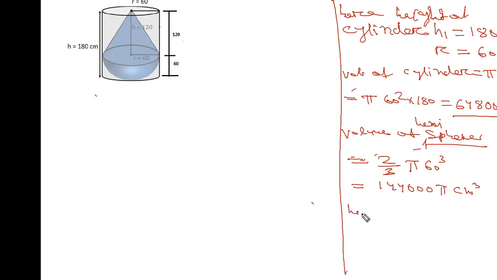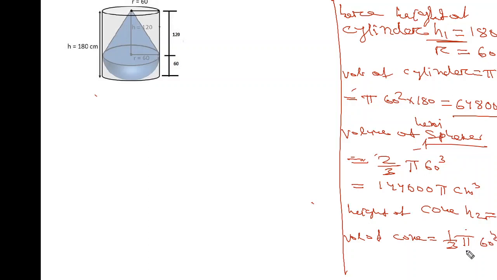Again we will move to the cone now. Here height of cone, you can write h2. h1 is the height of cylinder, h2 will be the height of the cone, is equal to 120. It is given to us. Radius are same for all. So volume of cone will be equal to, you know the formula for volume of the cone, 1 by 3 pi r square h, r is 60 square into h here 120.